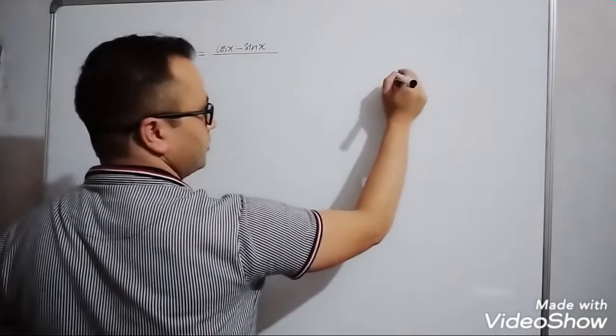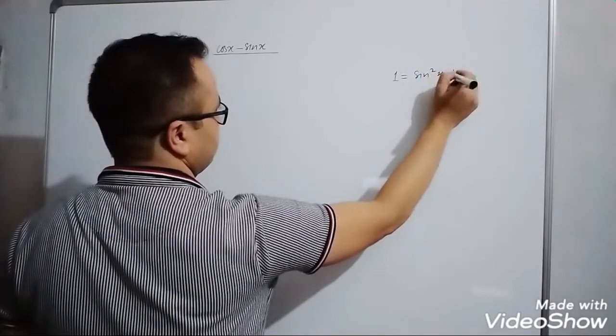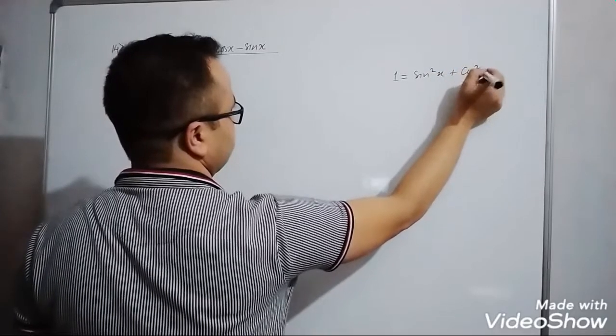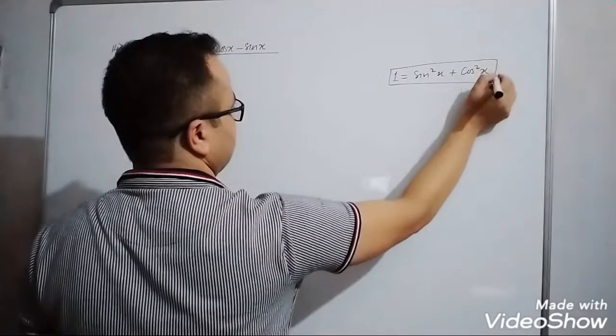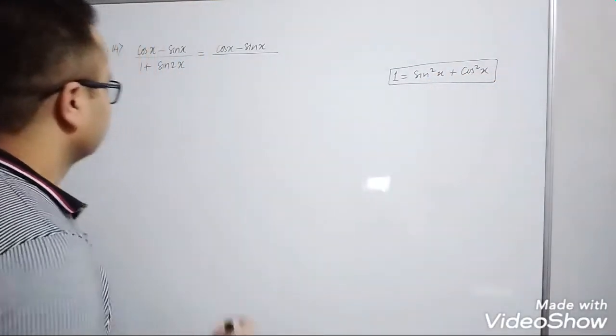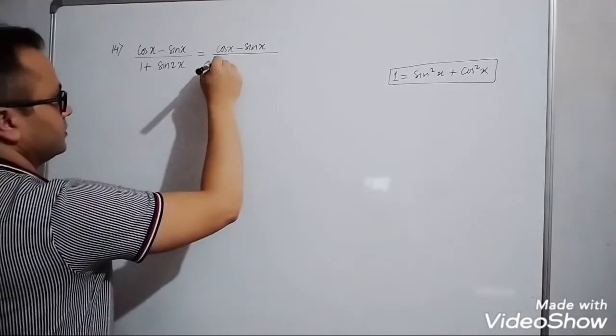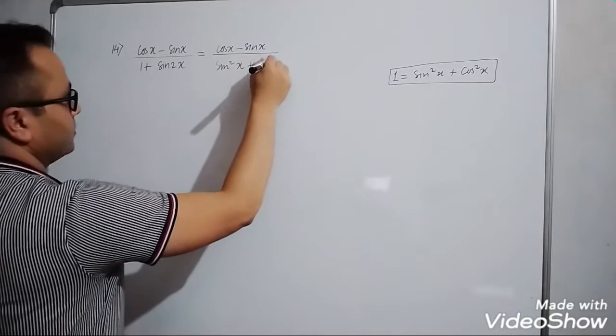What is the formula of 1? 1 is sin square x plus cos square x. Sin square theta plus cos square theta is 1. So it is sin square x plus cos square x.